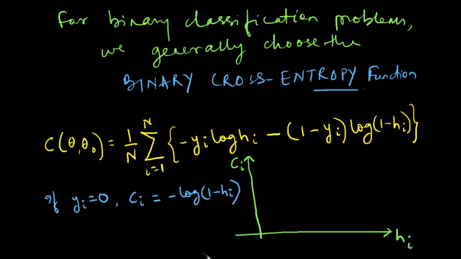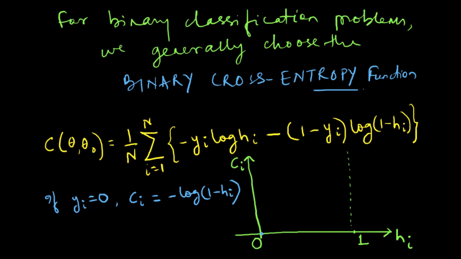So now let's try to plot it. Let's say that this point on the x-axis is 0 and this point is 1. We know that our hi will never be larger than 1, so we can be in this range. When hi is 0, 1 minus 0 is 1 and log of 1 is 0. So we start from here, 0.